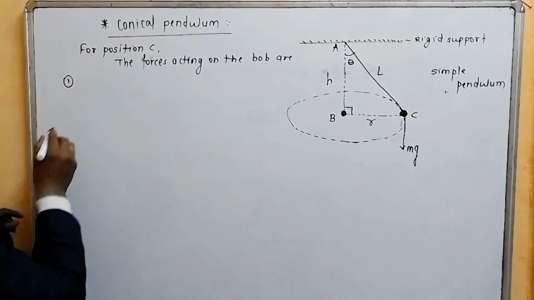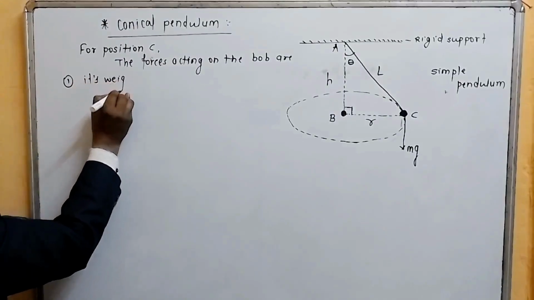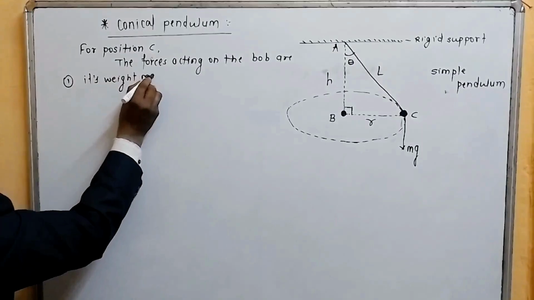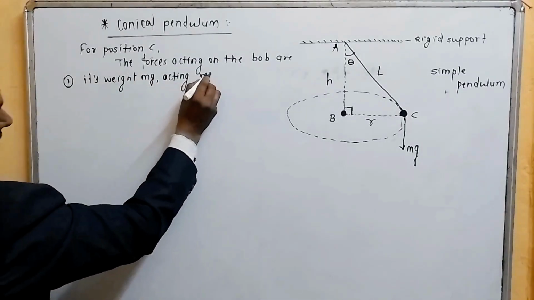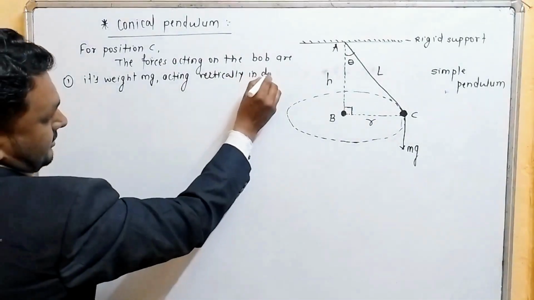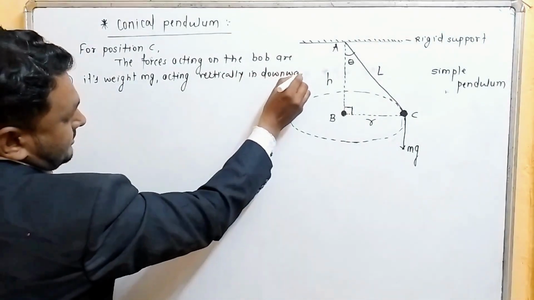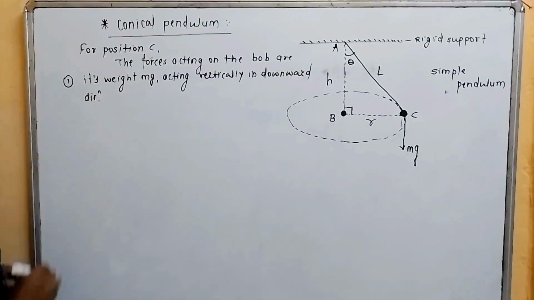So the first force is its weight, that is mg acting vertically in downward direction. This is the first force.